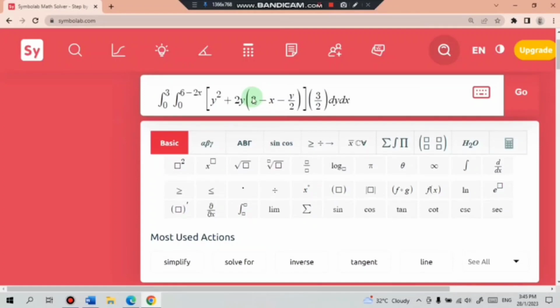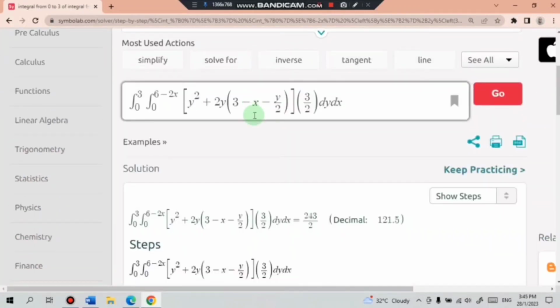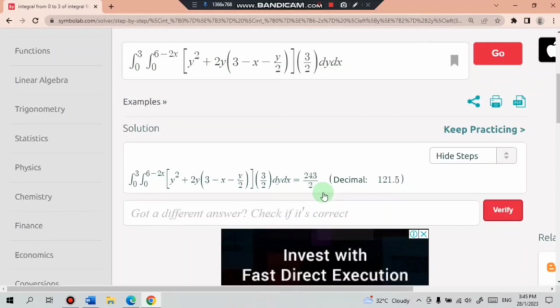So let's see. From the online calculation, we get the value of this equation is 243 over 2, which is the same as the answer that I got from the manual calculation.